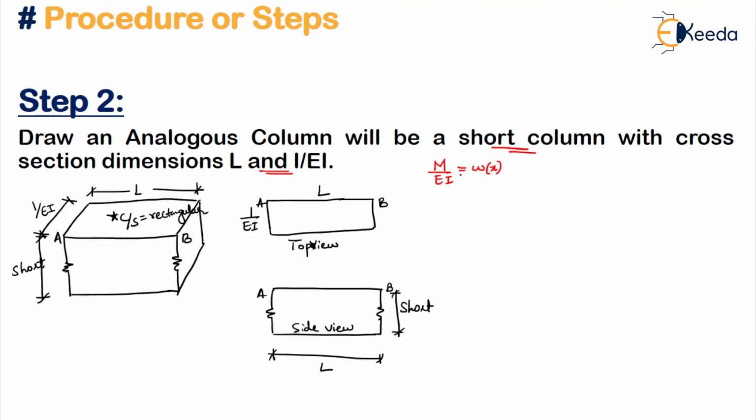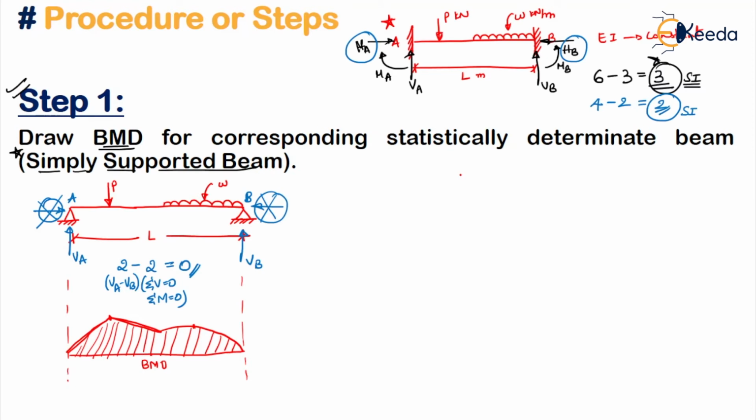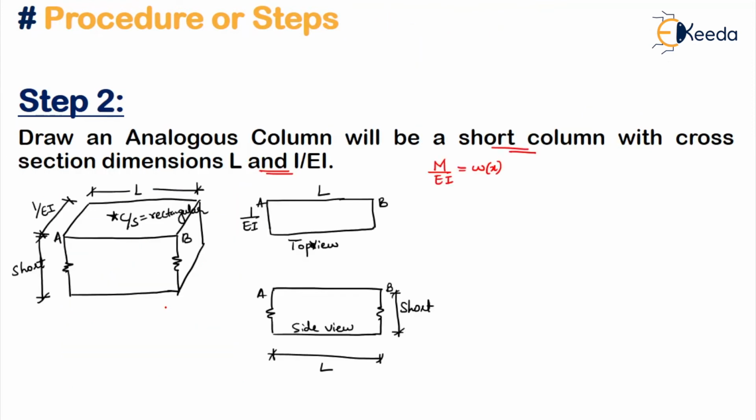So we have already previously got the bending moment diagram. So this diagram is nothing but your WX diagram. This you have to divide by EI to get your loading on your analogous column, right? So this will be called MX by EI. So how will it look? Say here it was triangular like this, and here from here to here it was a parabola.